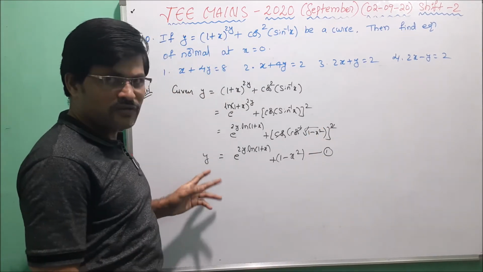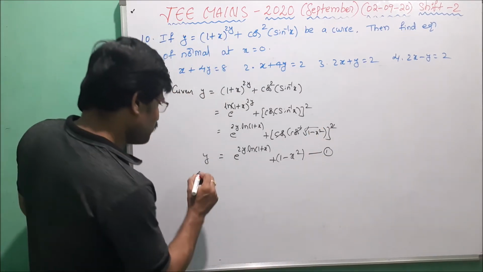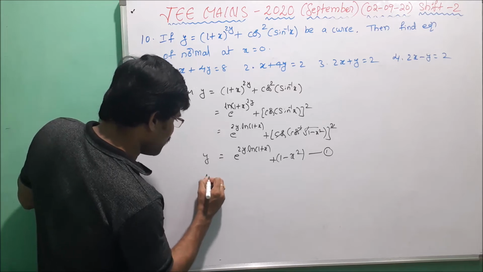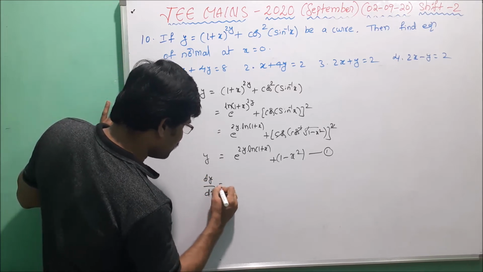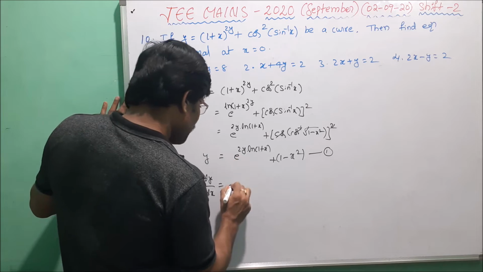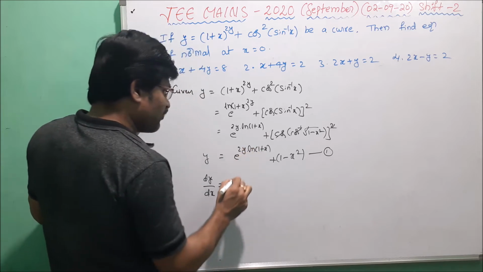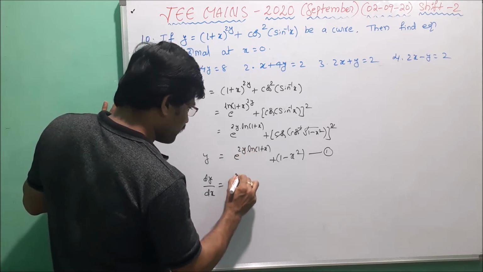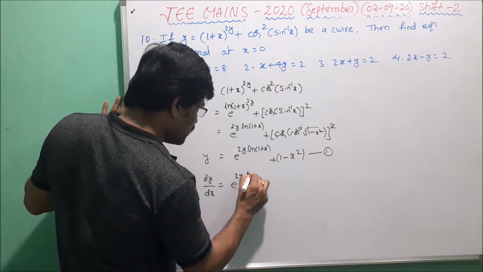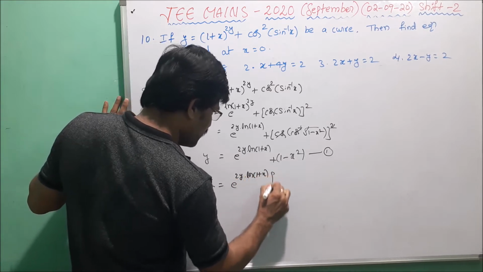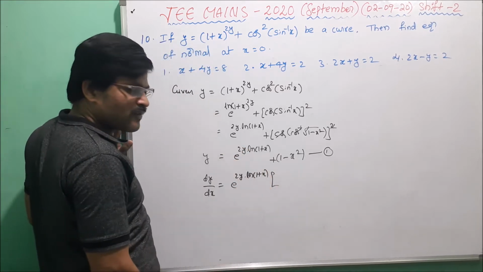Now first we find the derivative of that curve. So dy by dx equals, in this, it is of the form e power x. So e power 2y into ln of 1 plus x, into the derivative of the exponent function.